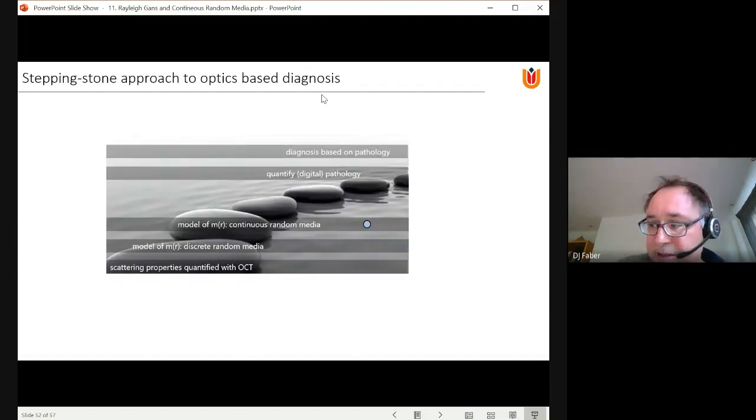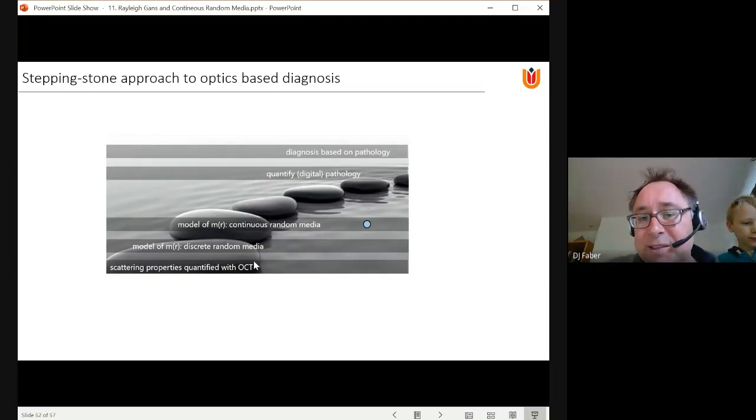So basically our physical scientific approach to solve this problem is, I like to call it, a stepping stone approach, where we approach the problem in steps and from two sides. So the gold standard is and remains the pathology. But taking away tissue and looking at it under the microscope is not always possible, but it remains the gold standard.